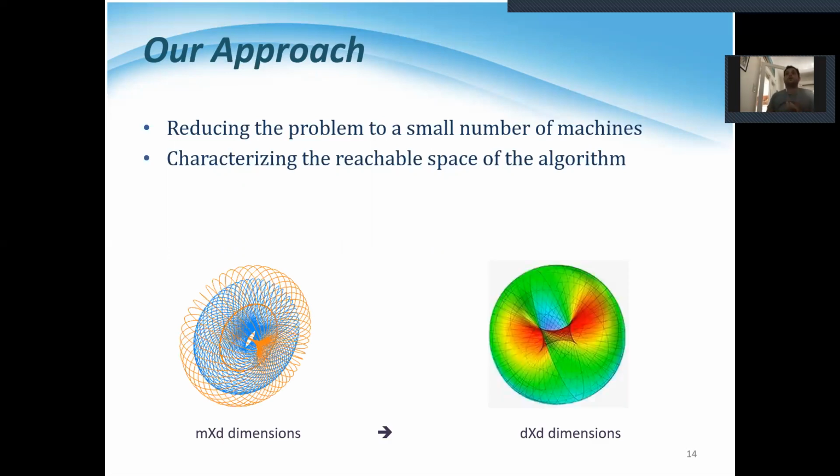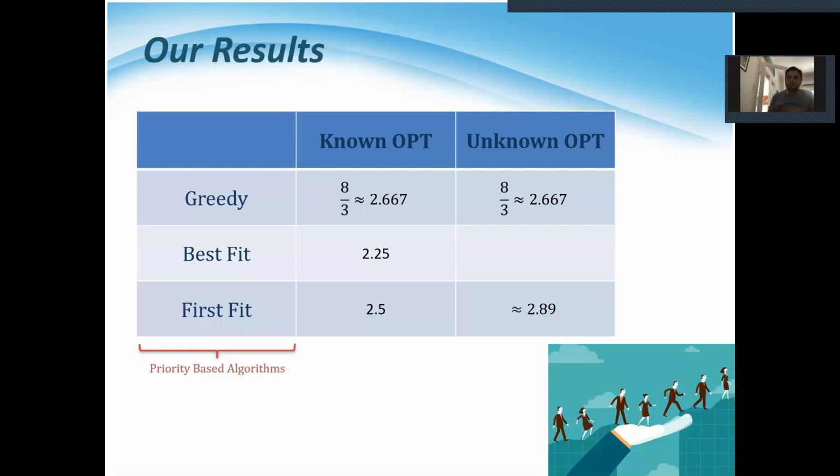The first and important step is to reduce the number of dimensions. Using this approach, we are able to show that greedy is indeed 8/3 competitive. And using this approach, we are able to analyze not just the greedy algorithm, but a large family of algorithms that we call priority-based algorithms. I will soon give you the definition.